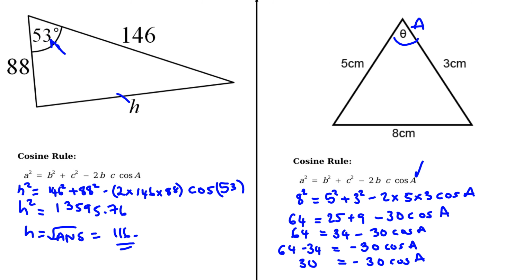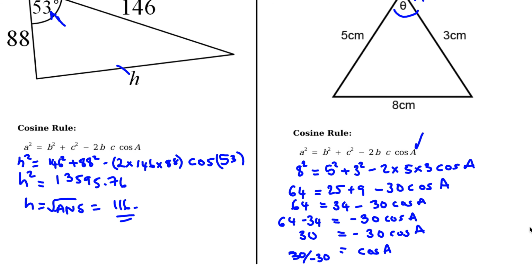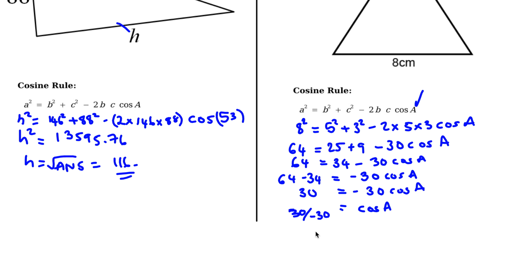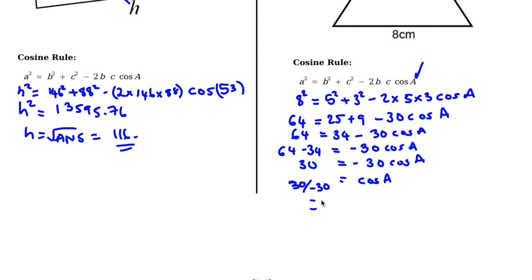Let's scroll down. There's a bit more room. Okay, so in this part, if you bring minus 30 over to this side, you get 30 over minus 30, which is cos of a. And 30 divided by minus 30 is minus 1. So that gives us minus 1 equals cos of a.